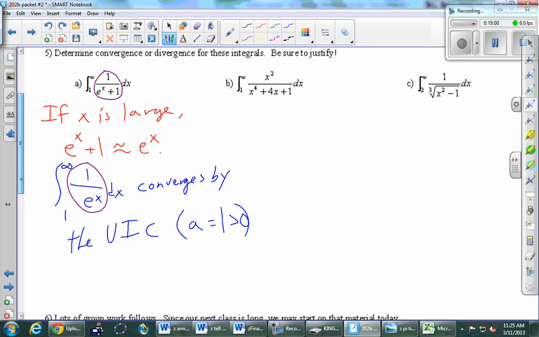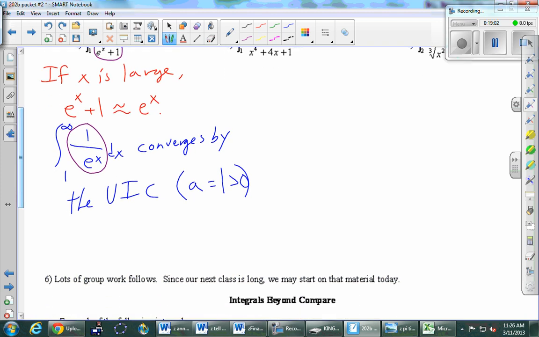So let's see if we can compare. Here's what we're going to do. e to the x plus 1 compares to e to the x with what kind of symbol? Greater than. Easy, right? Add 1, so that's bigger. But what I wanted was 1s on top of each of these, so let's put 1 on top of each of them.